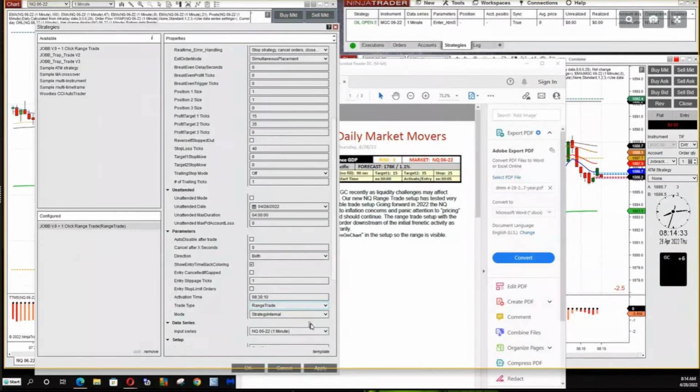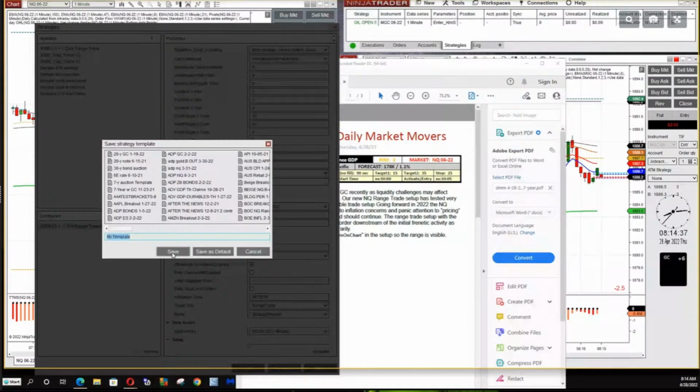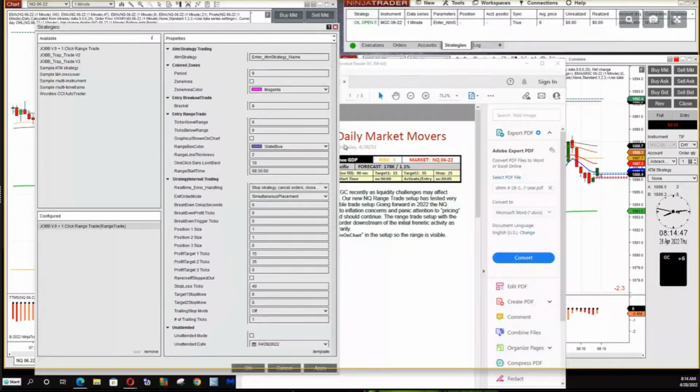I'm going to save a quick GDP template so that I have it in case I have to do any changes. So right now I've got 6 ticks above the range, 6 ticks below, graphic shown on chart. The start time is 8:30.